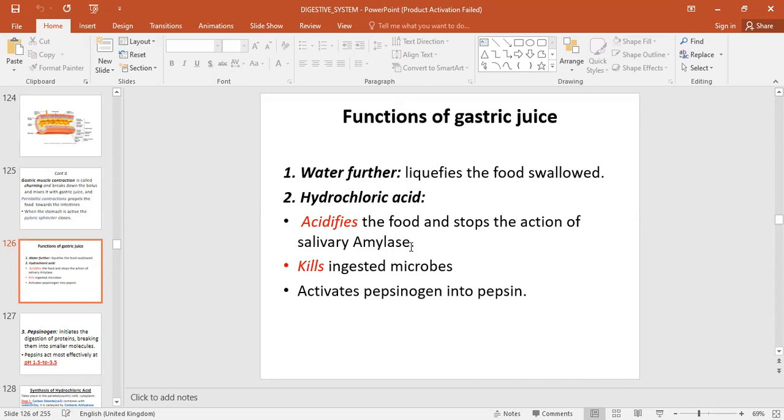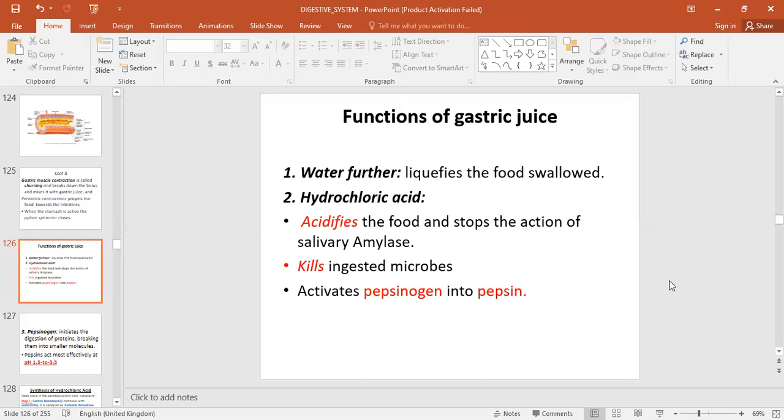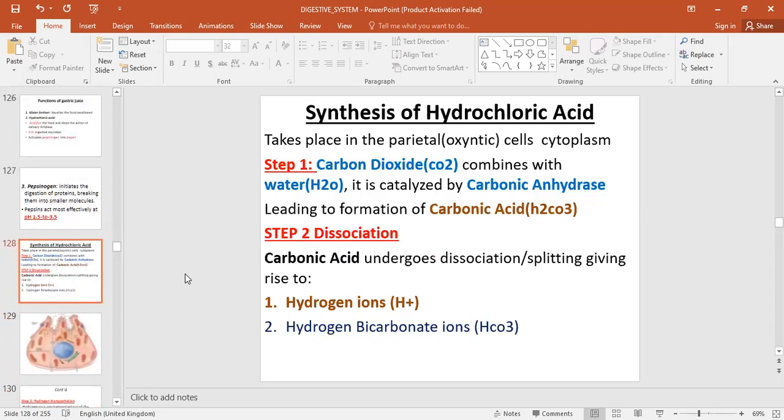Only a few survive. Then next, hydrochloric acid activates pepsinogen into pepsin so that it can begin protein digestion. So all those are functions of the stomach. Next, what does pepsinogen do? Pepsinogen initiates protein digestion. So protein digestion begins in the stomach.